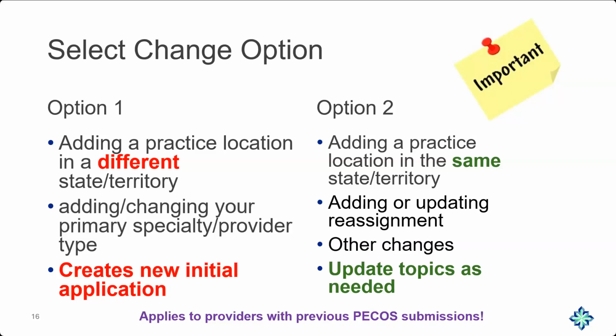As will adding or updating reassignment information or any other changes, including special payments address, contact information. Maybe you're needing to change your electronic funds transfer, your EFT information. Those are all going to fall under option two. And in that case, you're only going to see the topics that need to be updated. So that's just a distinction of how PECOS handles those when you access those.